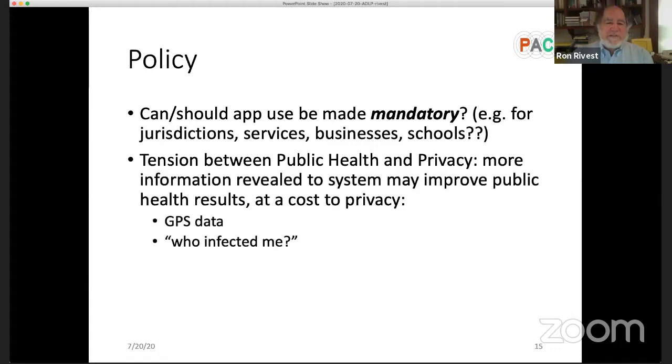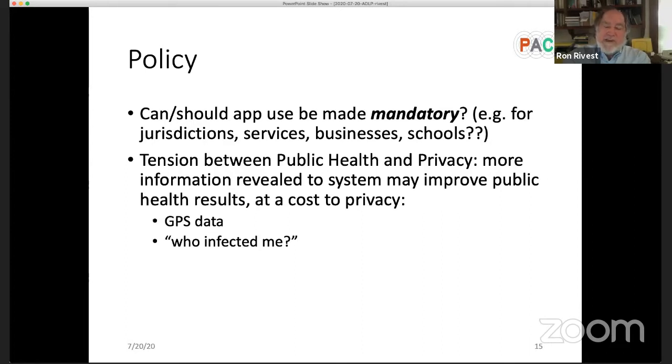One of the interesting questions also is that there's a tension between the desires of public health officials and privacy. And this is a tension that occurs in the manual contact tracing world as well. So some of these issues are not new, but in general, more information revealed to the system may improve public health results at a cost of privacy.